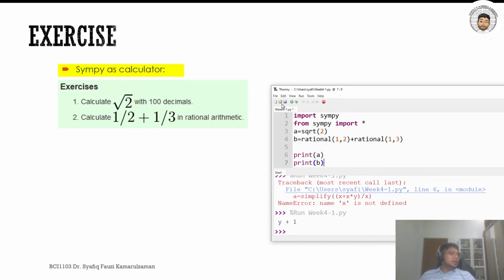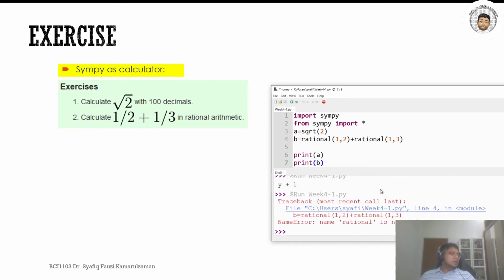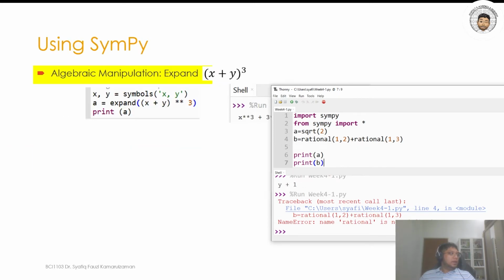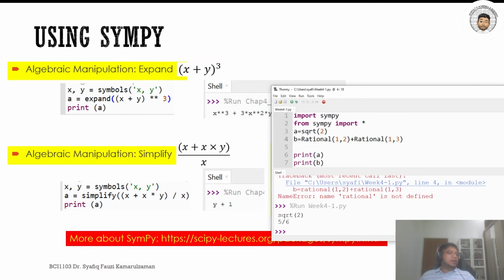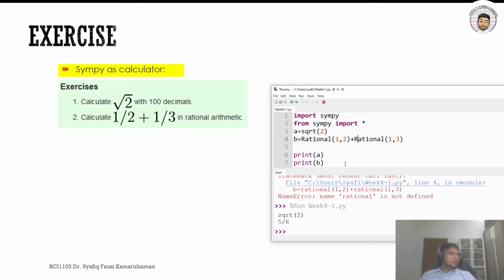Okay, let's try again. The result is rational is not defined. So this one, rational is supposed to be in math or SymPy. Forgot. I rarely use this module, so I often forget the command. Okay. So you got here for rational. Rational means that you want the answer not in floating number, like 3.45657, something like that.